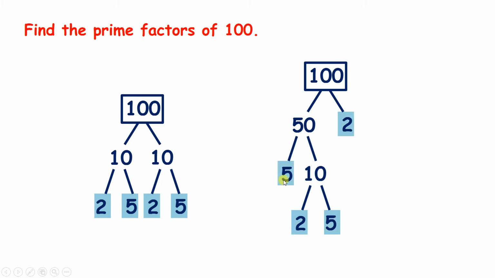And then again, we see the numbers on the end of our branches. We have 2 2s and 2 5s. So we can say 2 squared times 5 squared is 100, because 2 times 2 times 5 times 5 is 100.